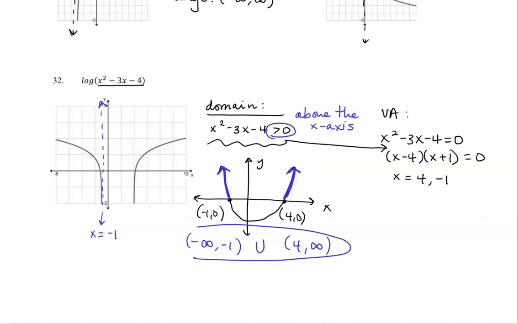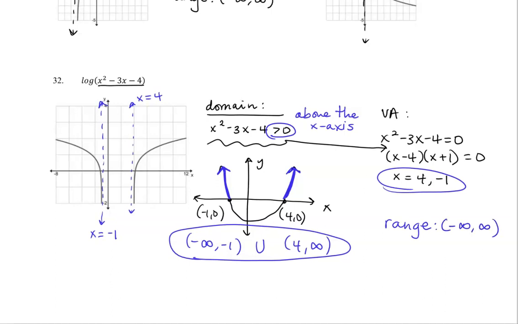So this is our answer for the domain. And that makes sense because we can see we have a second vertical asymptote here at what must be x is equal to 4. So we have two VAs, and there is our domain, and the range of this logarithmic function and any other is all real numbers.